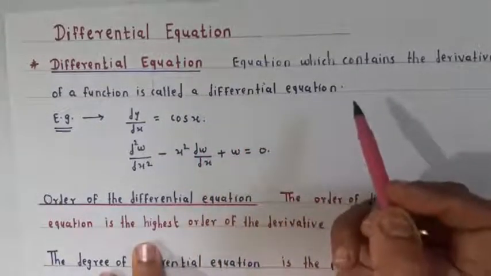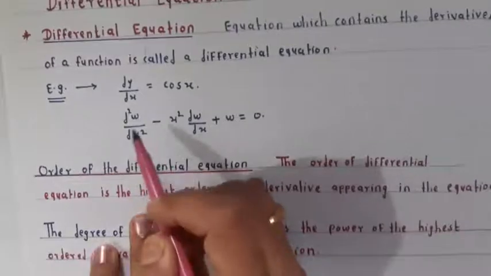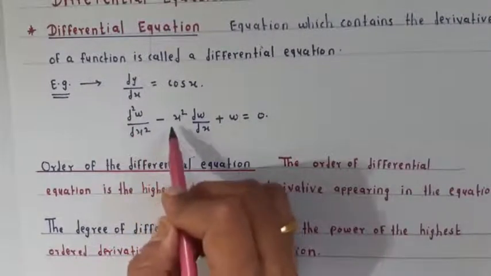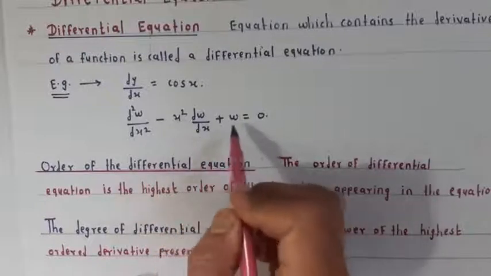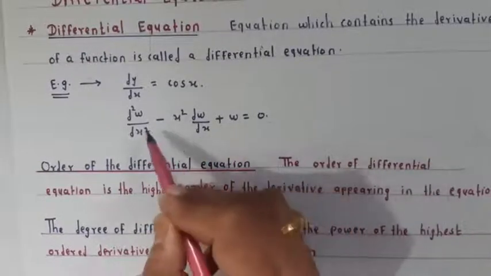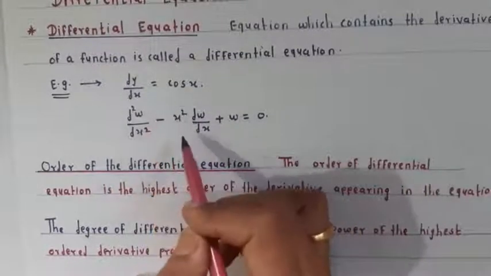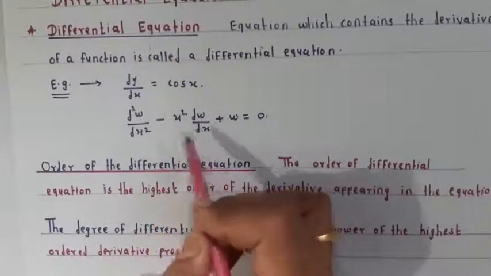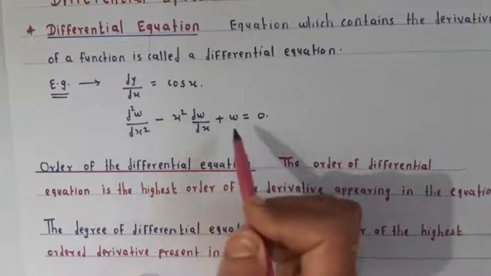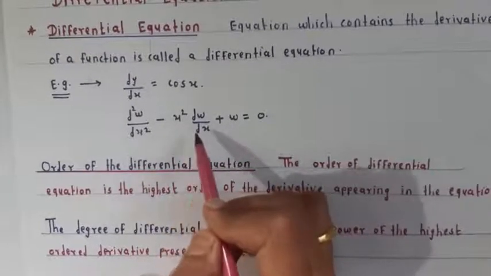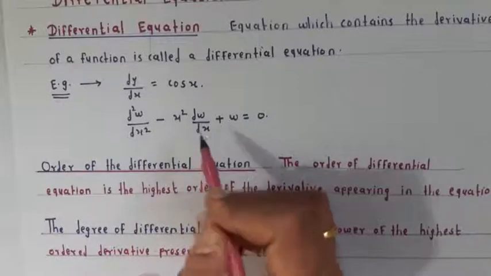Suppose the next example is d squared w by dx squared minus x squared dw by dx plus w equals 0. This is again a differential equation, because an equation that contains derivatives of a function is called a differential equation.